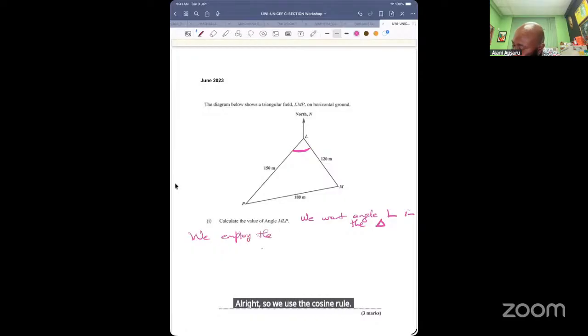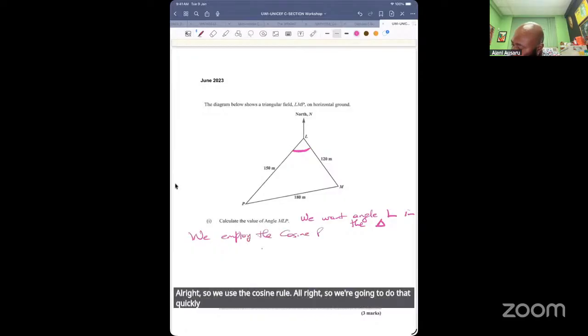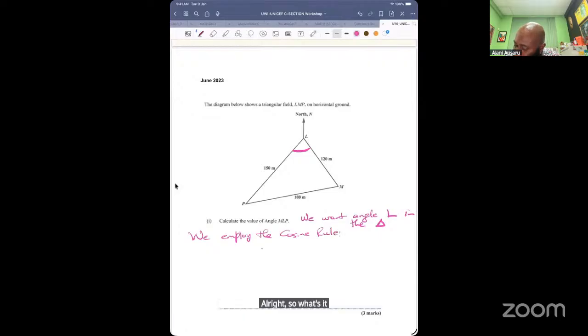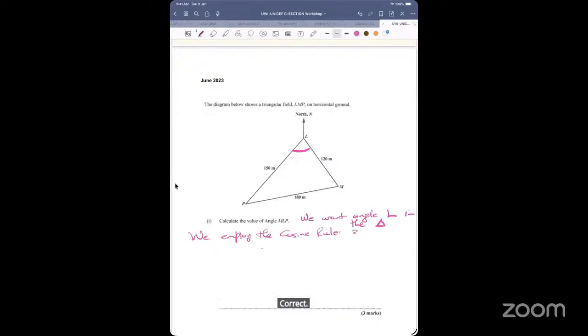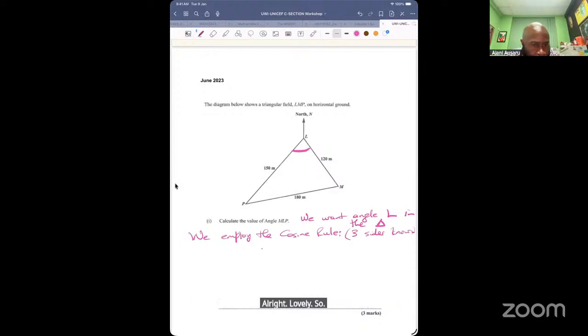We're going to do that very quickly. Tell me what to write. Cosine rule: L squared equals M squared plus P squared minus 2MP cos L. Lovely. So just give me the numbers now.